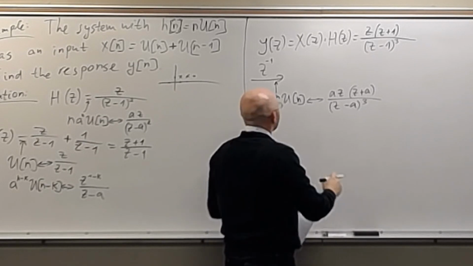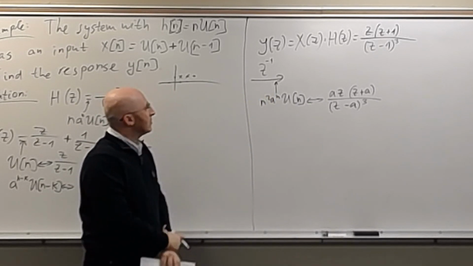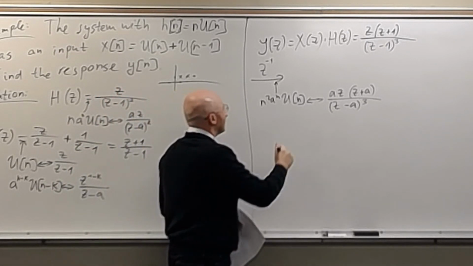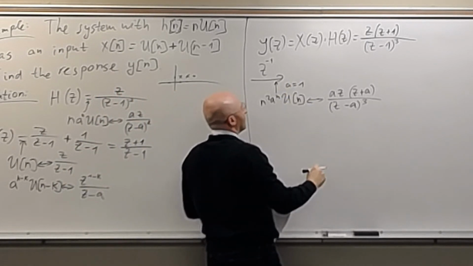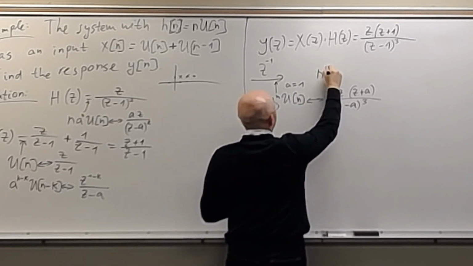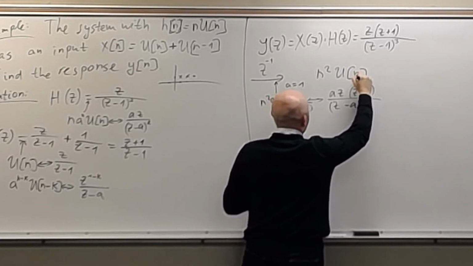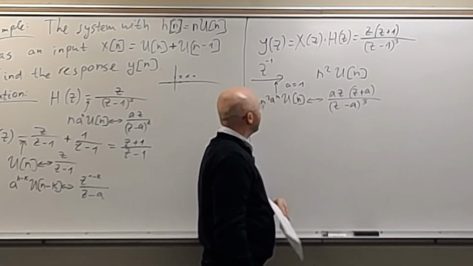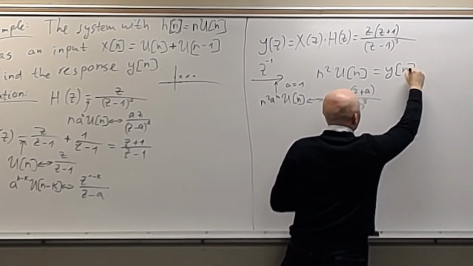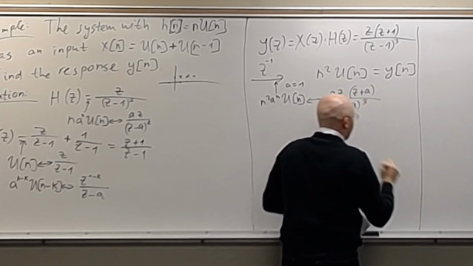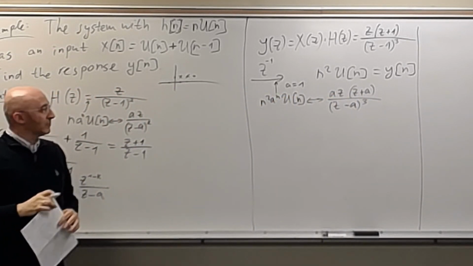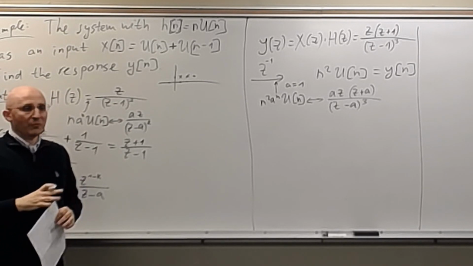Okay. So what will it be? What is a? a is 1. And then you get something like that: n squared u[n]. This is y[n]. Basically, that's it. So this is the output of that system.